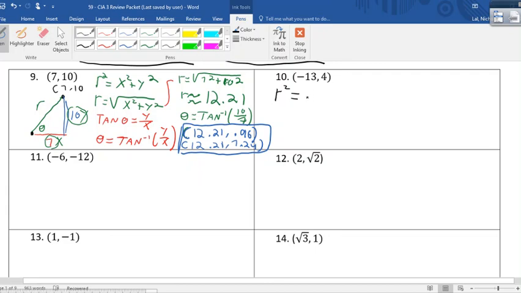So r squared is equal to 13 squared plus 4 squared. If r squared is equal to 13 squared plus 4 squared, r is equal to the square root of negative 13 squared, make sure that's in parentheses, plus 4 squared.